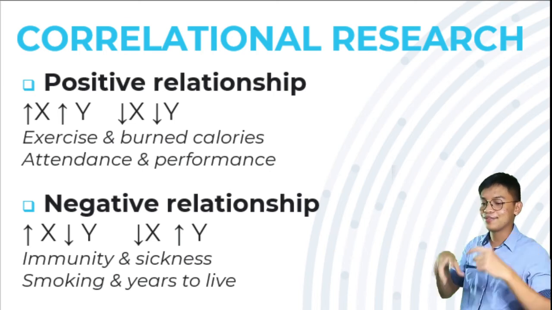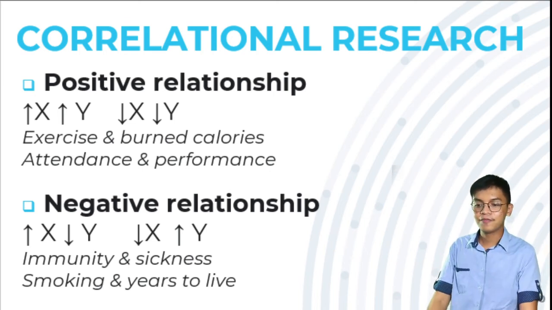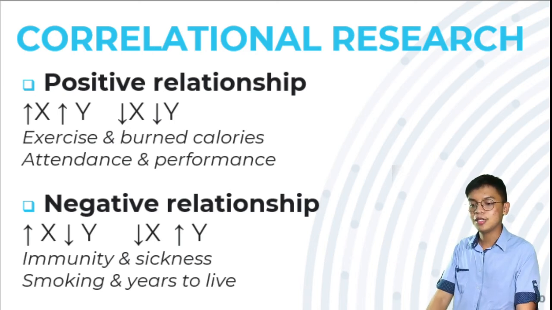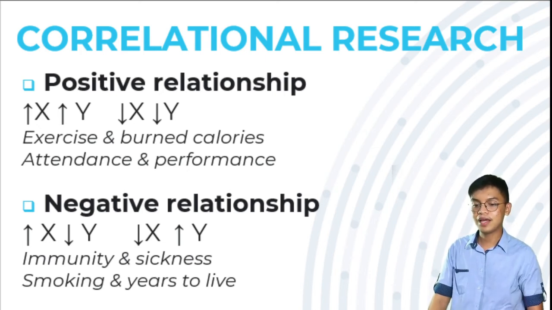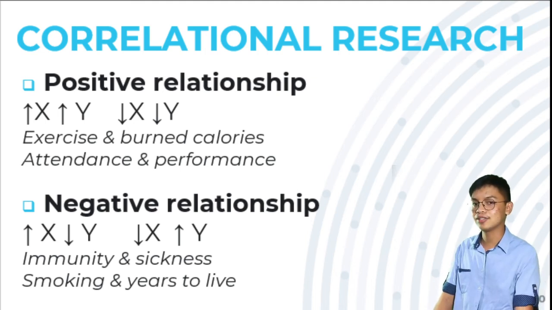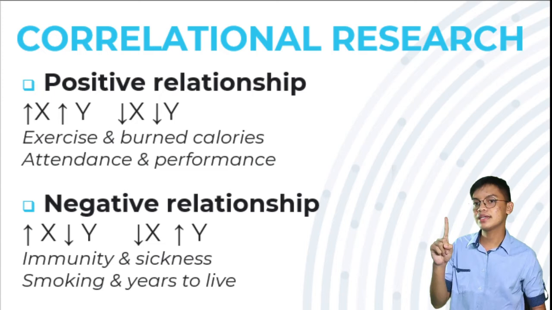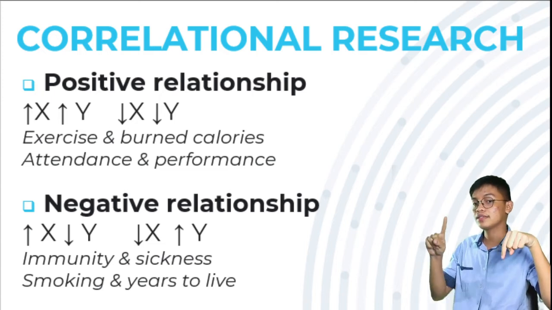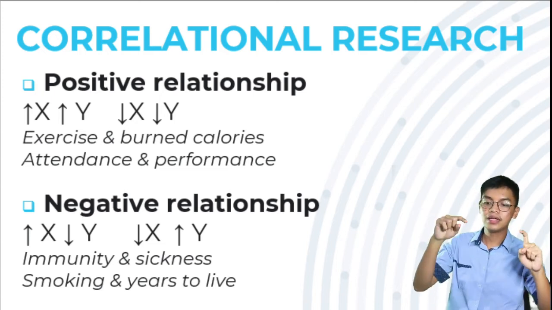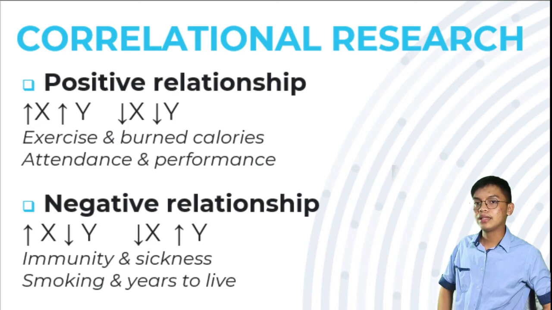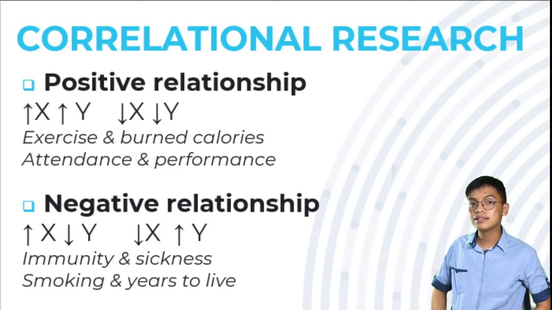That's still positive relationship. The next kind of relationship is negative relationship. This time, it's the opposite of positive relationship. Instead of having a direct relationship, negative relationship has an inverse relationship. Magkabaliktad. So as values of X increase, values of Y decrease, or vice versa. For example, the relationship between immunity and sickness.